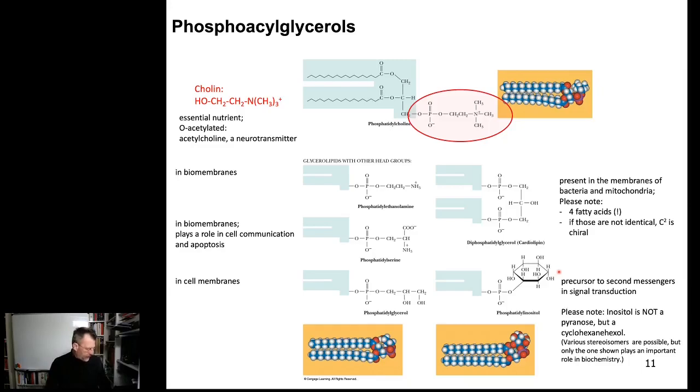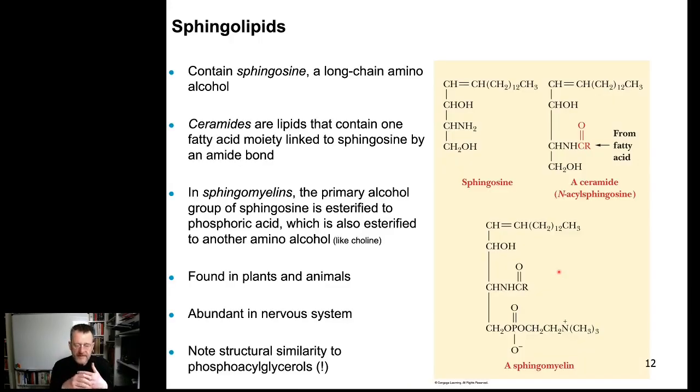Right, from those on to the sphingolipids, where once again a new molecule has to be introduced. It's sphingosine. Now, if you look at it, this predominantly is a long chain. Well, it is not an acid, it is a double alcohol.